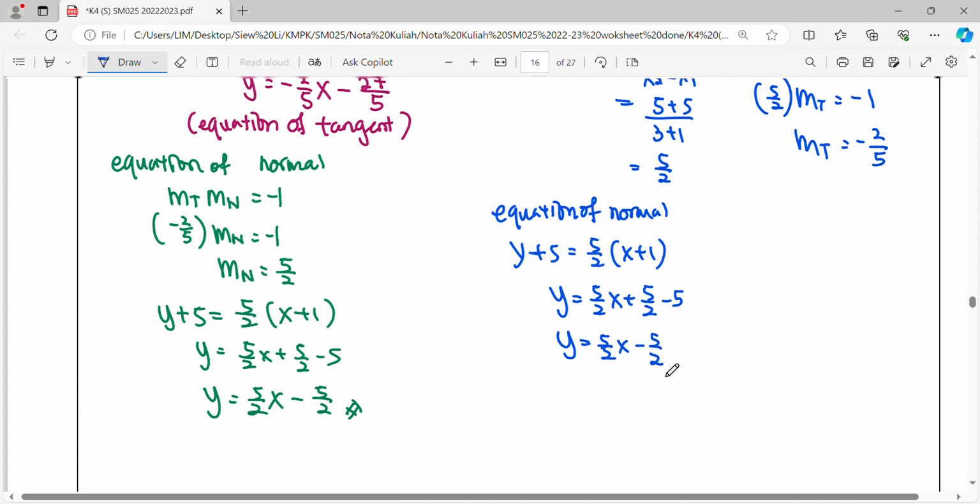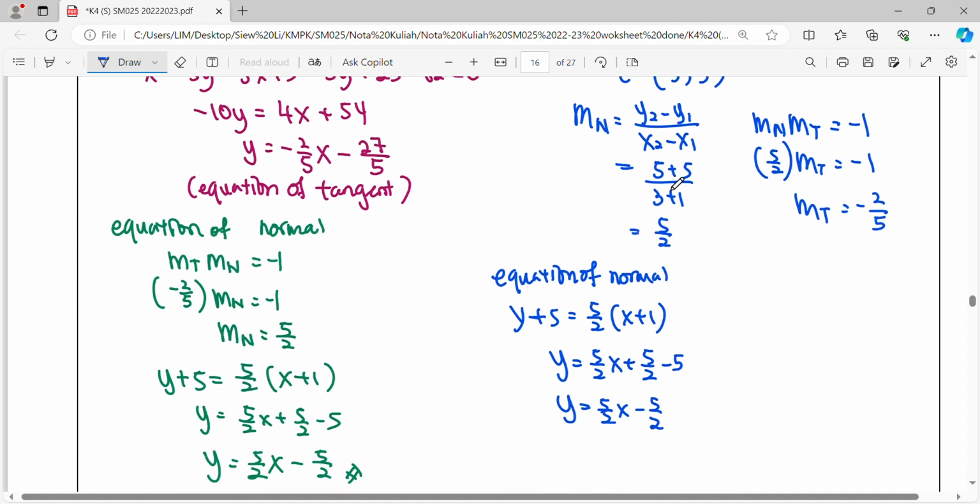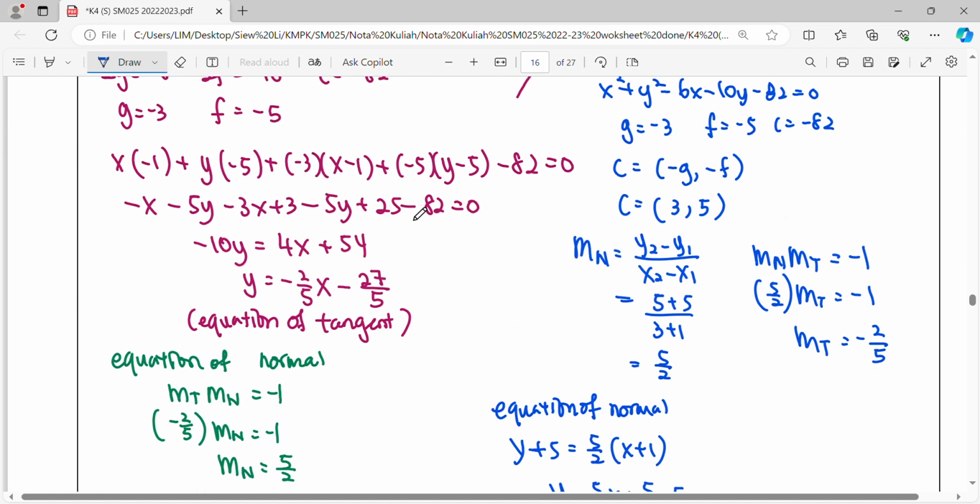So the working will be a bit different from the beginning, but once we get the gradient, we put it into the equation of the line, and the rest of the steps will be the same as using the formula.